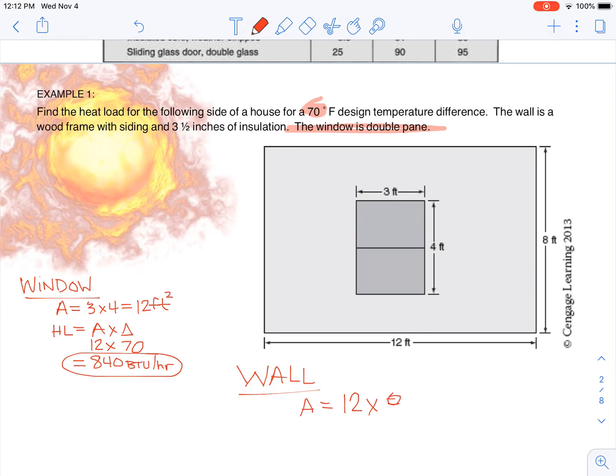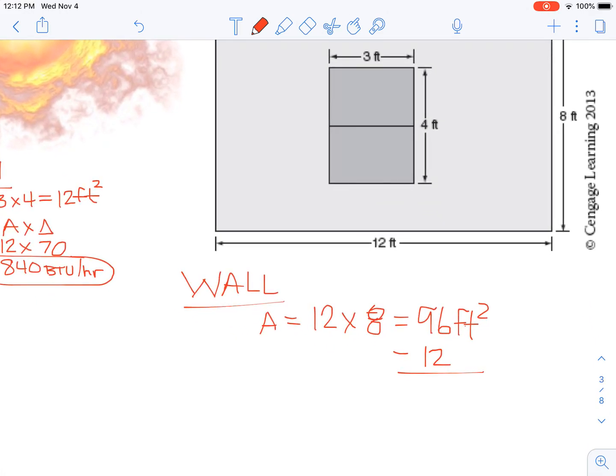Oops, by 8, which is 96 feet squared. And we have to subtract out the area of the window. So 96 minus 12 is 84 square feet for the wall itself.